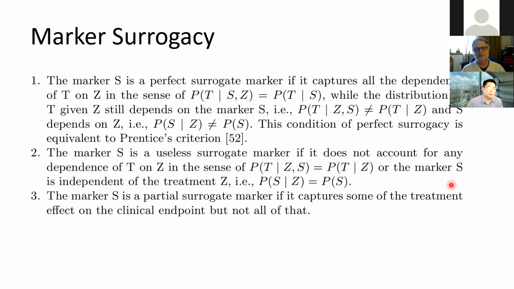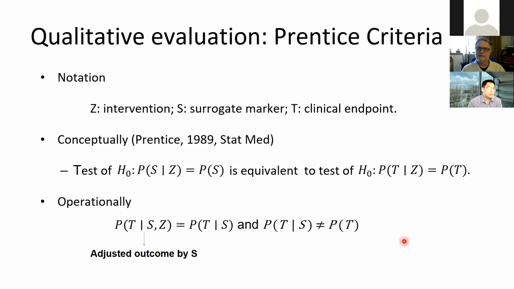So how do we assess partial surrogacy, or if we have many of those partial surrogate markers, how do we rank them? It can be interesting in practice. So let's get back to qualitative evaluation using Prentice criteria.